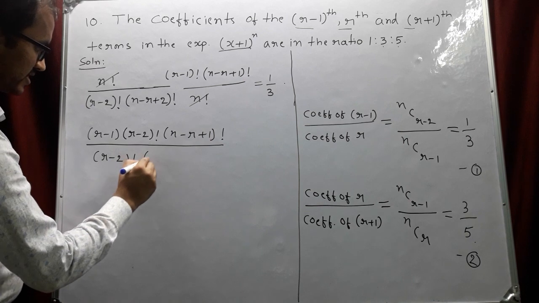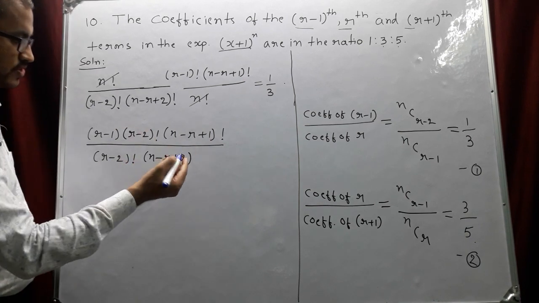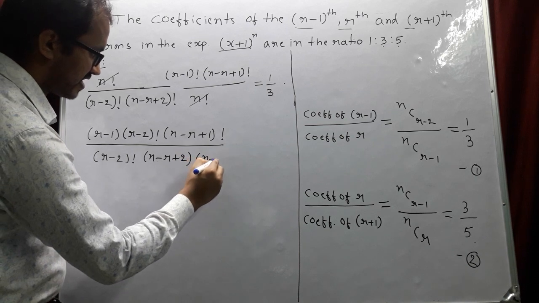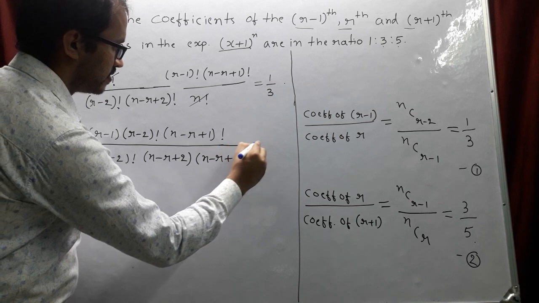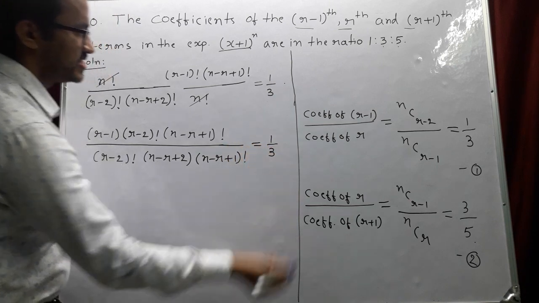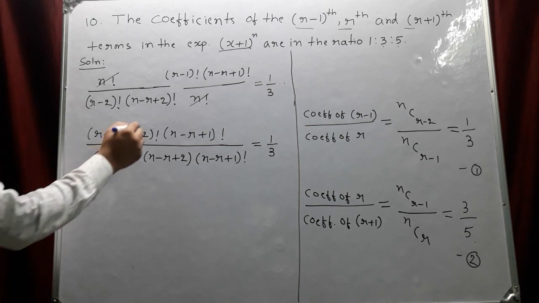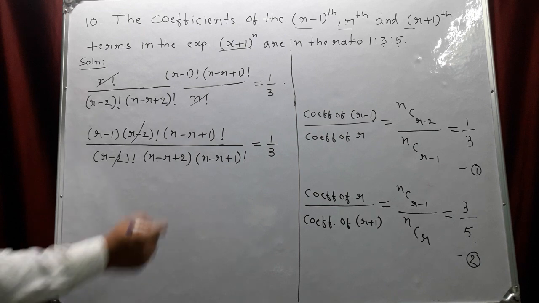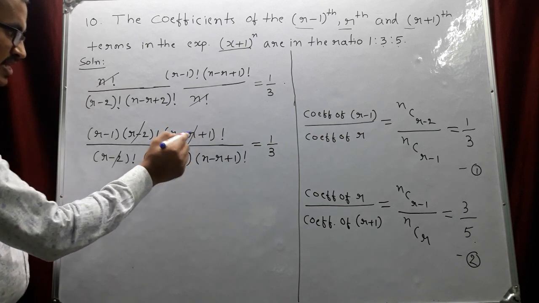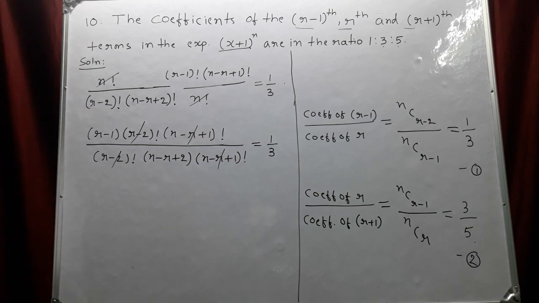We can write it as n minus r plus 2 into n minus r plus 1 factorial. So that is equals to 1 by 3. So r minus 2 factorial will get cancelled. Similarly, n minus r plus 1 factorial will get cancelled.